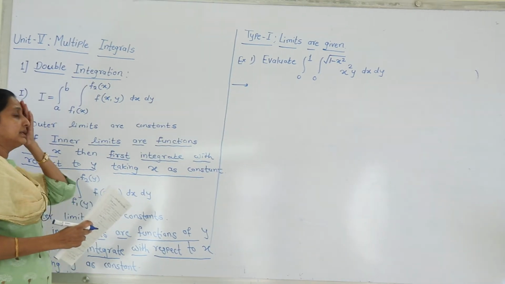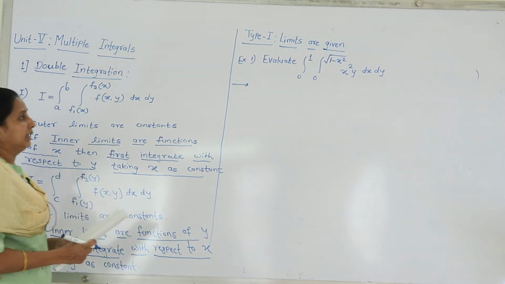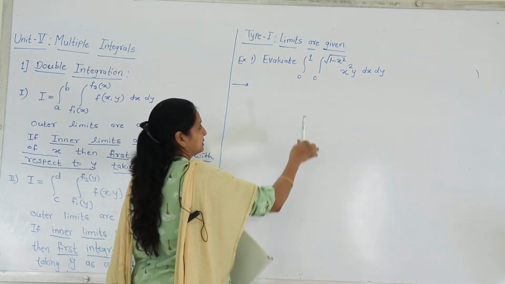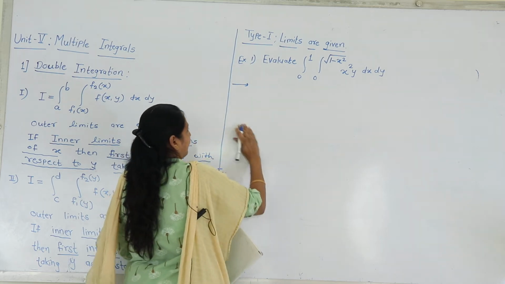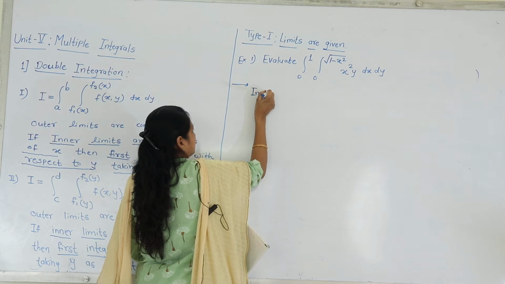Now in this topic limits are given. Outer limits are constant, that is 0 to 1. Inner limits are functions of x.